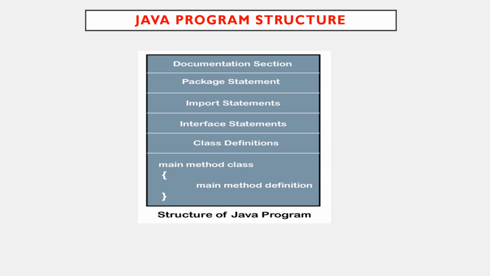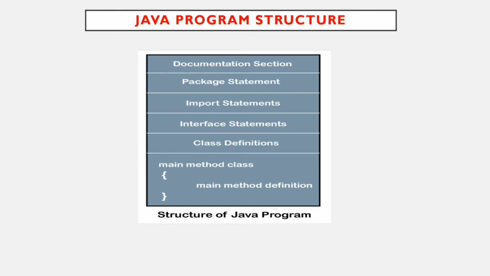In addition, there are three styles of comments. The first is the single-line comment, double slash. The second is slash star, ending with star slash. And the third style is slash double star, ending with star slash. This is the documentation comment in a Java program.